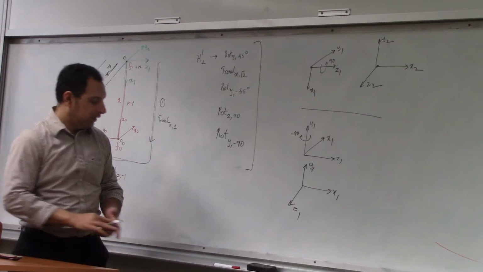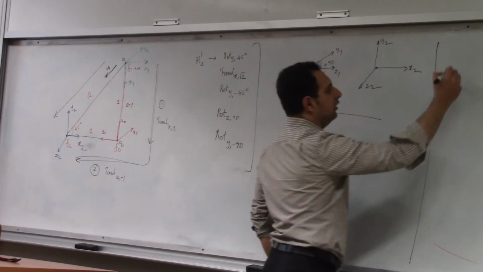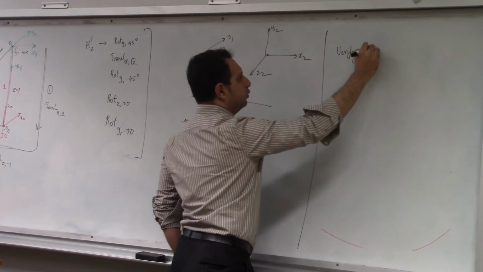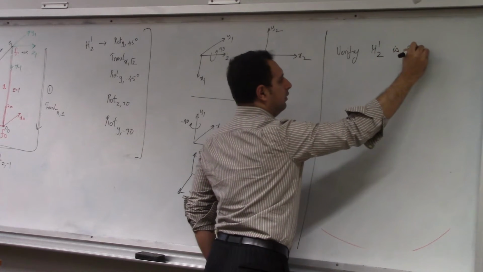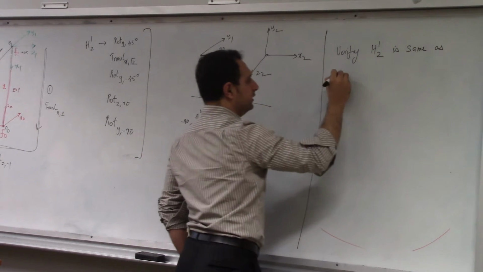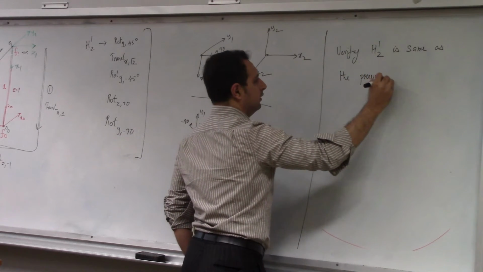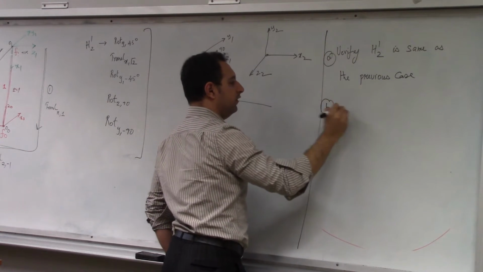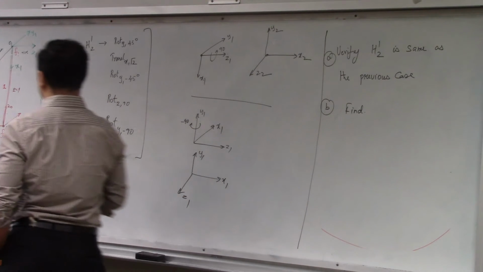As a homework, I want you to check this out. Two things. First, verify that H12 is the same as the previous case. A. B, find, we did not do this one.